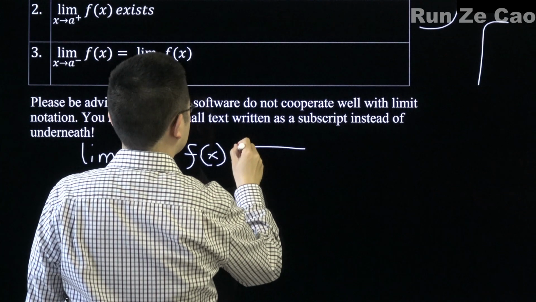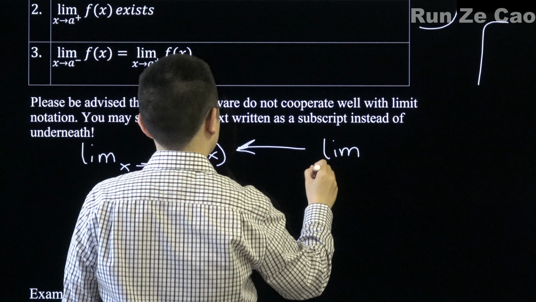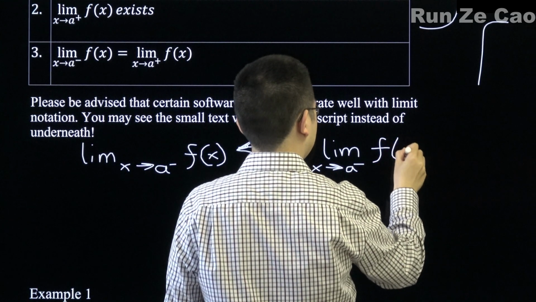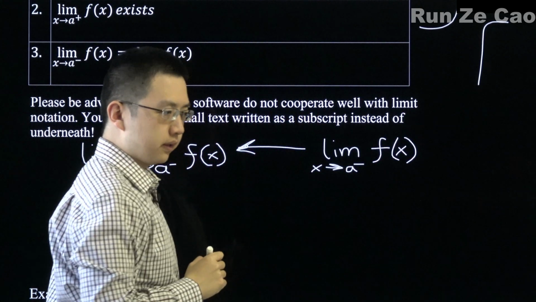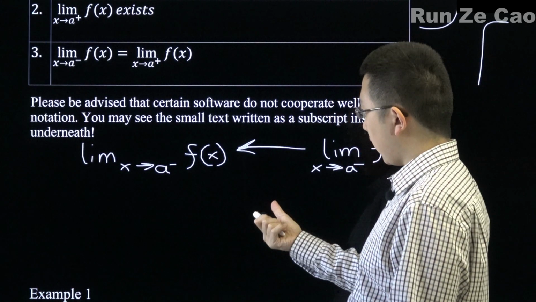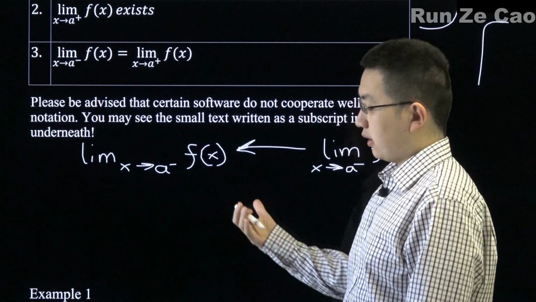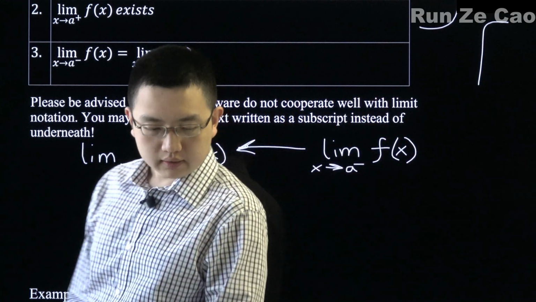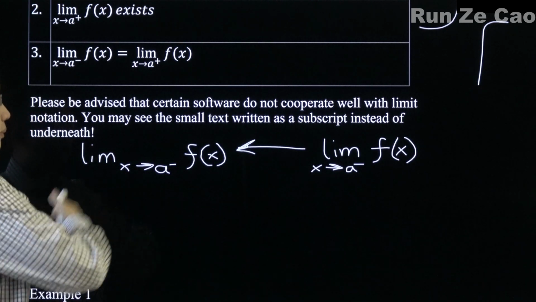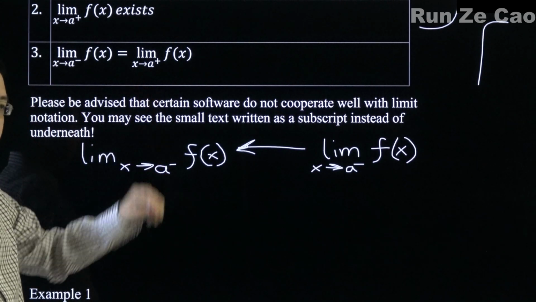And this corresponds to f of x. So, x approaches a from the negative side is called a left-hand or left-sided limit, whereas the right-hand side is, as we well know, number lines have positive generally on the right-hand side or up.